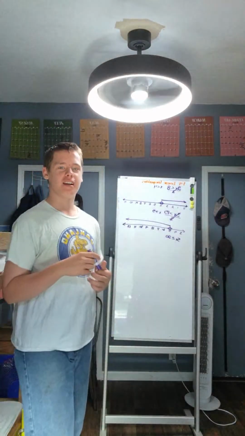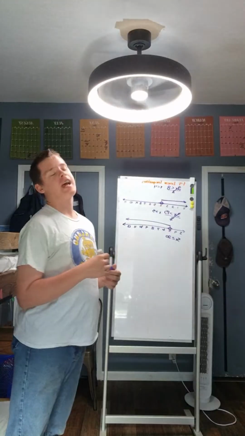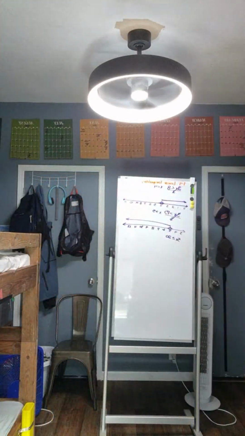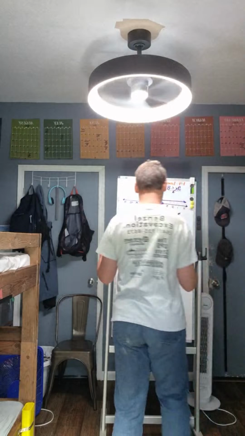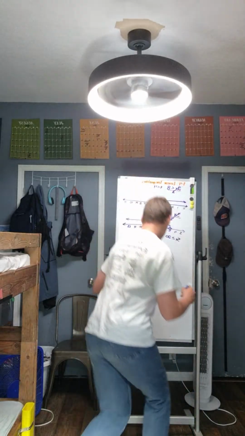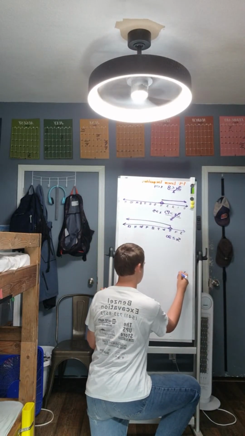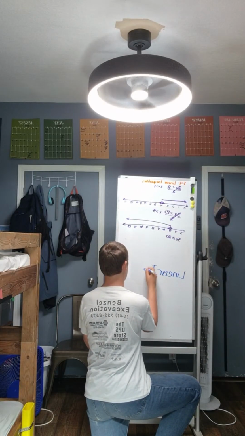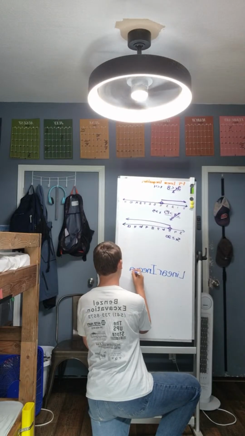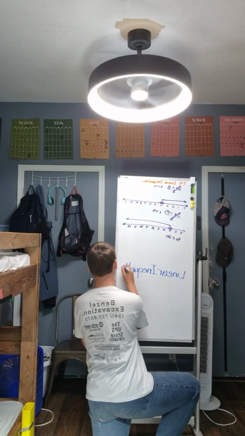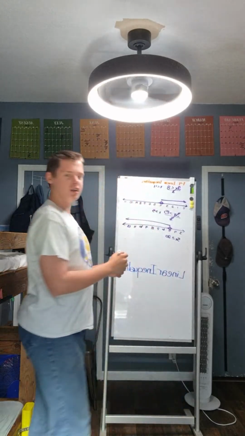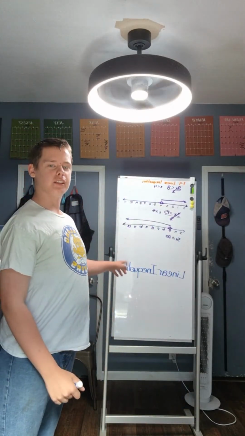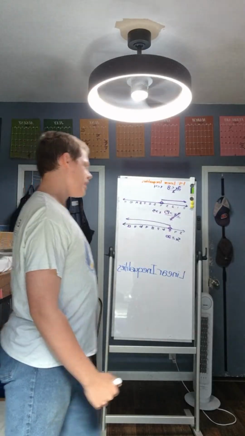what is the topic name? I'm going to write it down there in blue. Okay, it's black. Linear inequalities. If you can't, well, you might be able to see it.